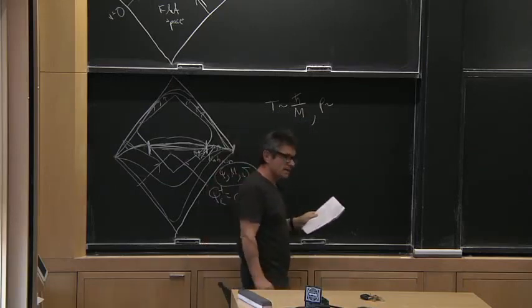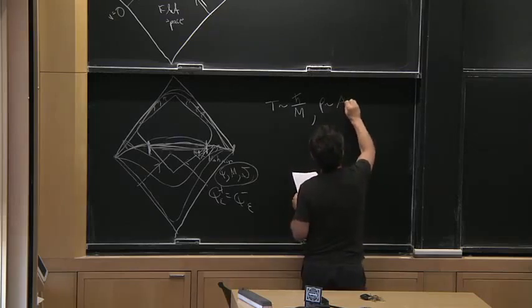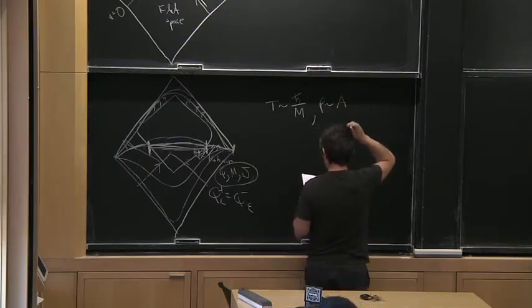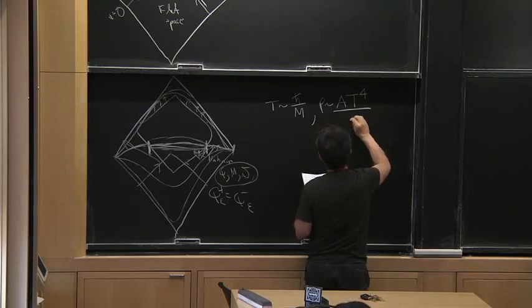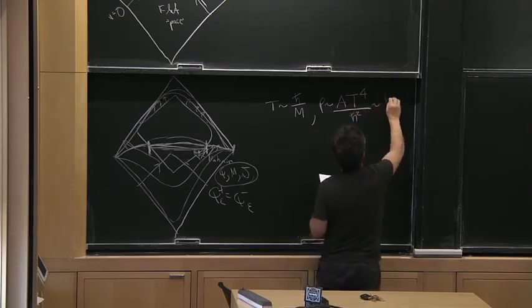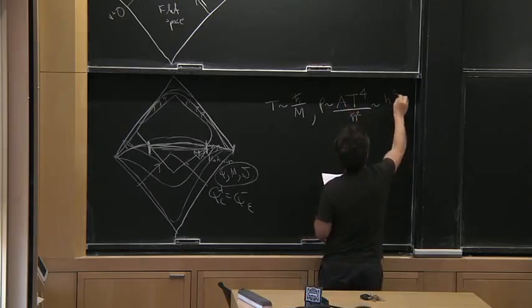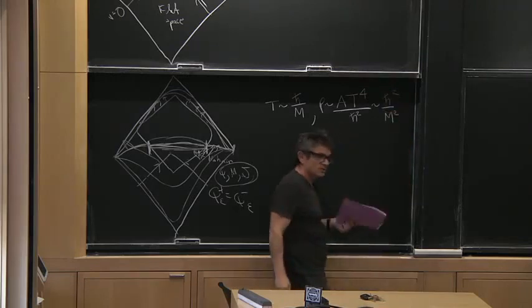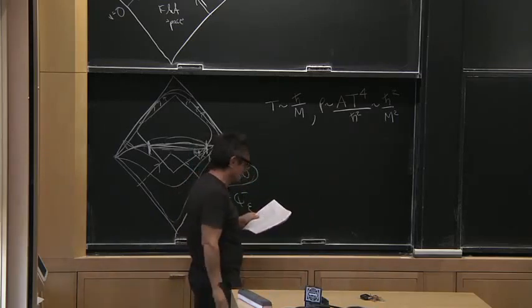Now the power radiated goes like, according to the Stefan-Boltzmann law, the area of the black hole times the fourth power of the temperature divided by h bar squared, which goes like, since this goes like m squared, h bar squared over m squared. Again, it goes to 0 as h bar goes to 0, and it gets less as the black hole gets bigger.